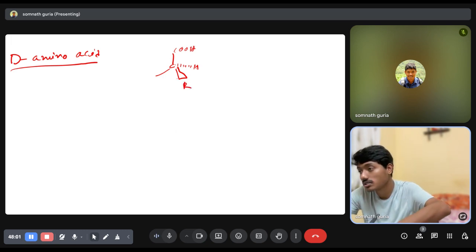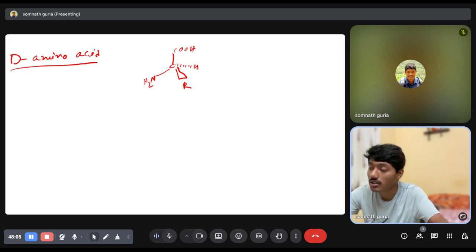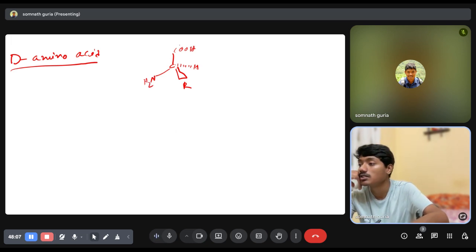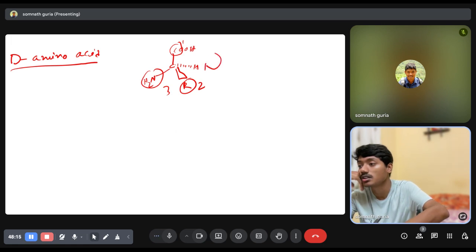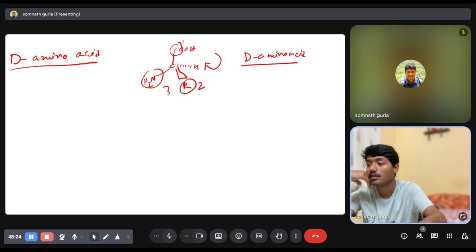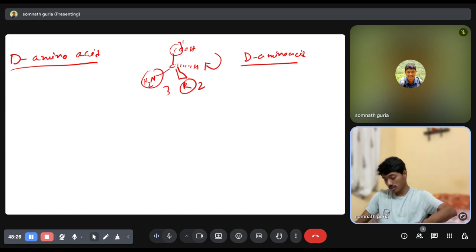If R is over here and NH2 is here, then if we call this 1, this one will be 2, this one will be my 3 group. So it is in a clockwise direction, so it becomes the D amino acid. Okay, so this is the D amino acid.